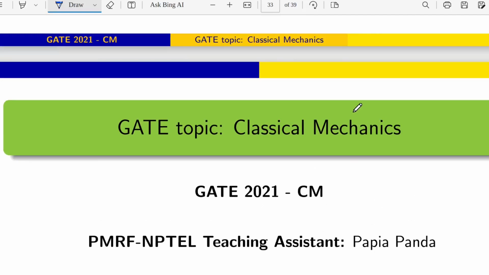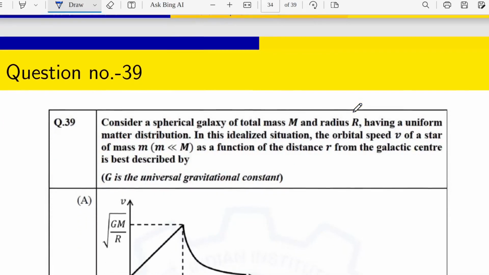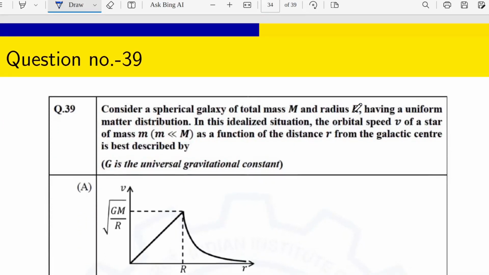Okay, so the next question is from GATE 2021, and the question is this one. This is question number 39. The question is, consider a spherical galaxy of total mass M and radius R having a uniform matter distribution.